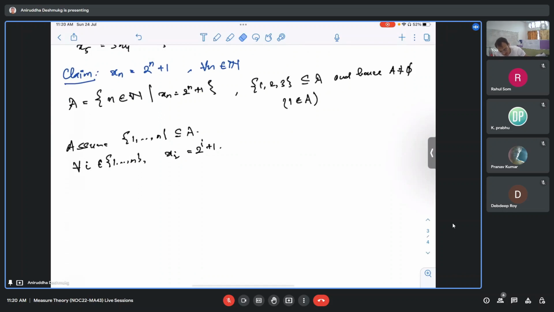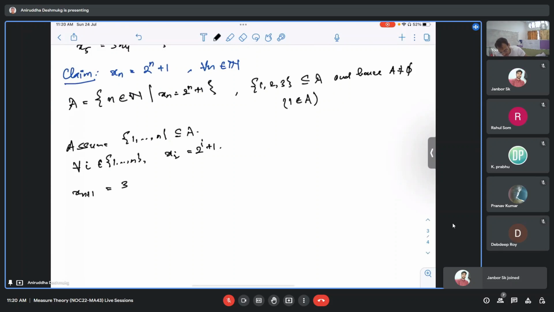So what is xn plus 1? Xn plus 1 is by definition 3xn minus 2xn minus 1. But now I know that n and n minus 1 are both in A. So I have the formula 3 times 2 to the power n plus 1 minus 2 times 2 to the power n minus 1 plus 1.